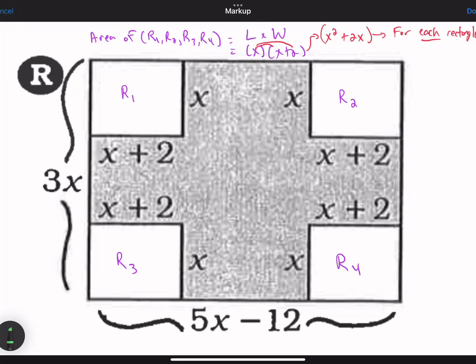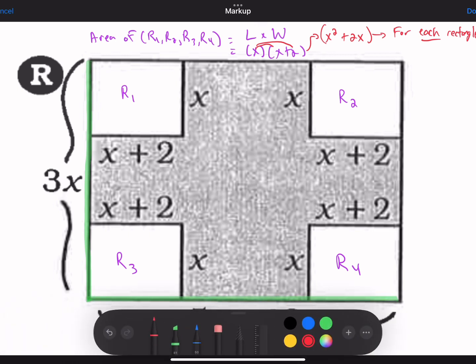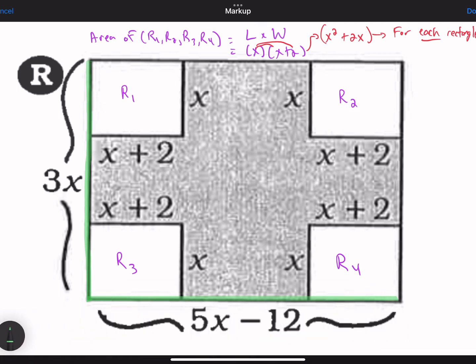The next thing that we're going to do is we're going to get the area of the green side over here, because it itself is one giant rectangle. And so I'm going to write the formula for this here. And I'm going to write it in green this time. I'm going to say area, and I'll write it to the side. So area of giant rectangle.